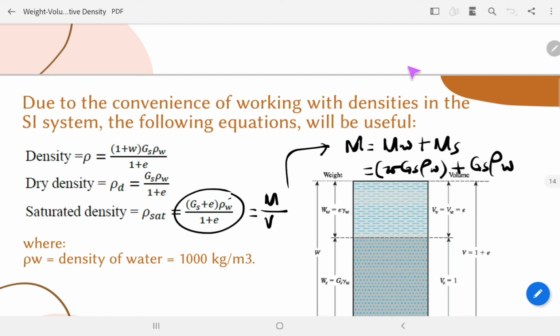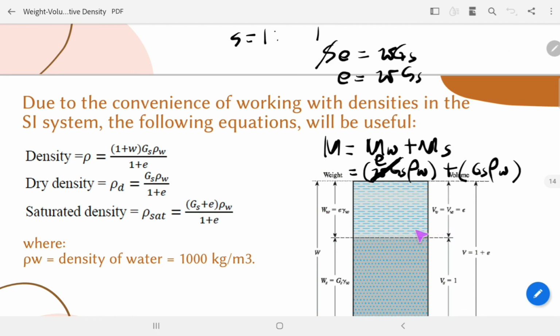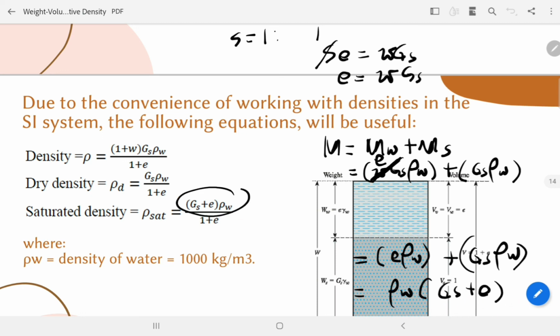And since we know that SE is equal to omega GS and S is 1, therefore this becomes E equals omega GS, then we can replace this one here. So if that becomes E, let's continue here. We have E rho water plus GS rho water. Then we can factor out rho water giving us GS plus E. Okay. All over the total volume, which is, again, 1 plus E.